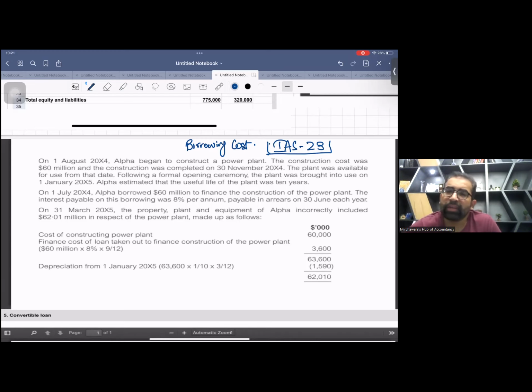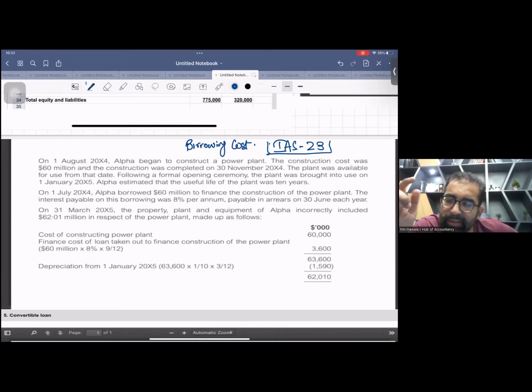And one more thing. Hope you remember when I taught you IAS 23, I taught you the whole conditions: when to start capitalization and when to end capitalization. To start capitalization, first of all, you must have taken the loan. Plus, you have to start the work as well. From the date you start your construction, you can capitalize.